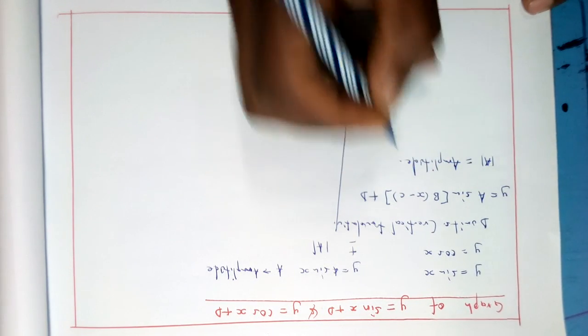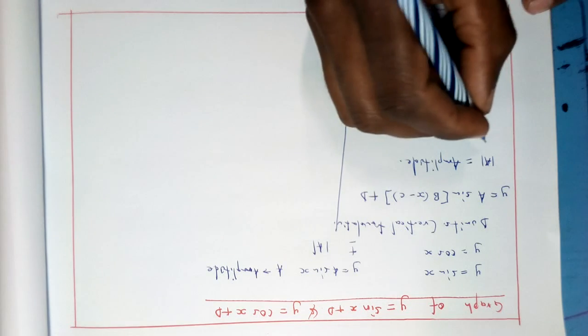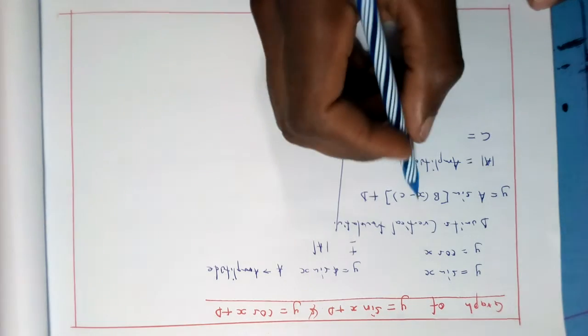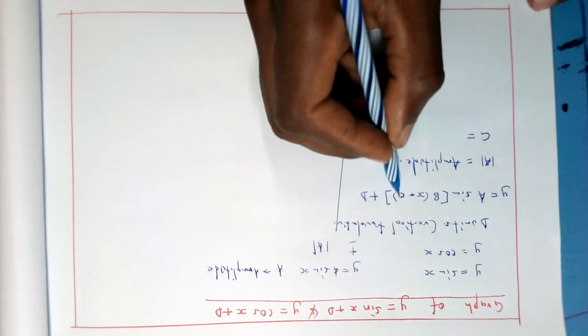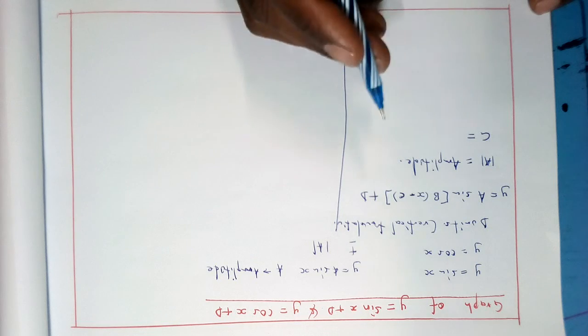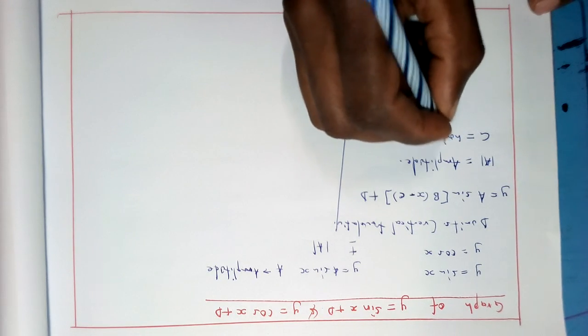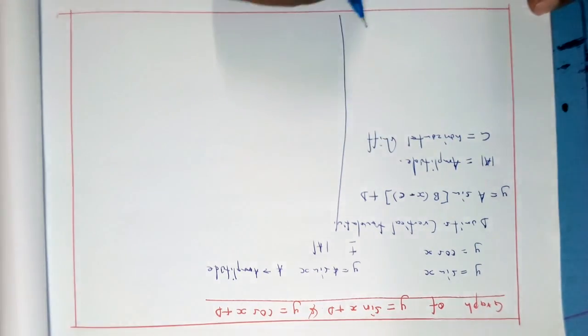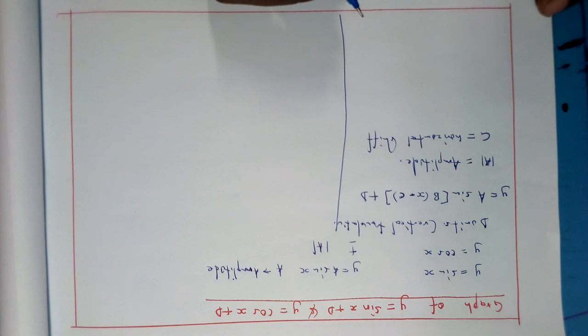So this is going to represent what we refer to as an amplitude. And in this particular case, we talked about the concept of a horizontal shift. And this horizontal shift is going to be this change of this particular argument to x minus c, and this is going to represent what we referred to as the horizontal shift. And then I talked about the concept of a period.